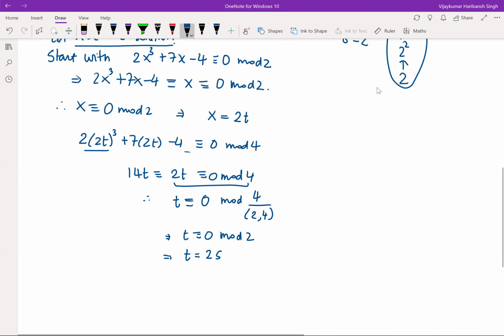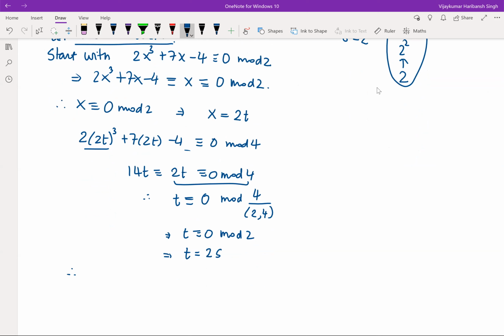So now let's put that back: our solution is x, which was 2t, which is now 4s. Now let's take this 4s and plug it back into the original equation.